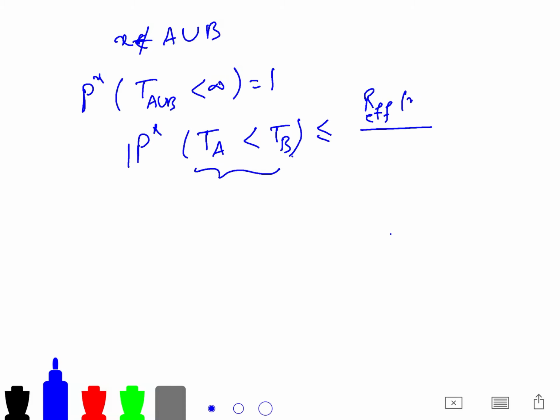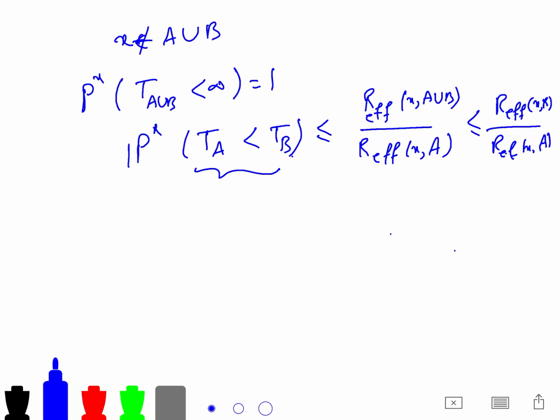So you see, effective resistance is playing an important role in identifying and calculating all of these probabilities. And this is bounded by X and B, and this is bounded by X and A.